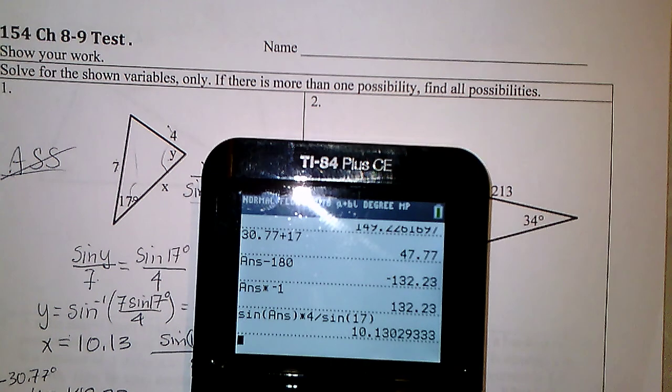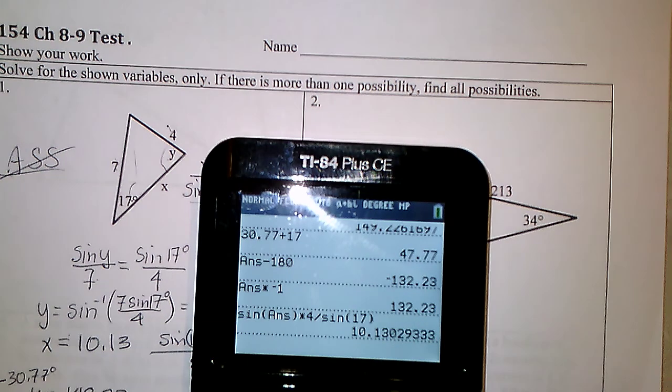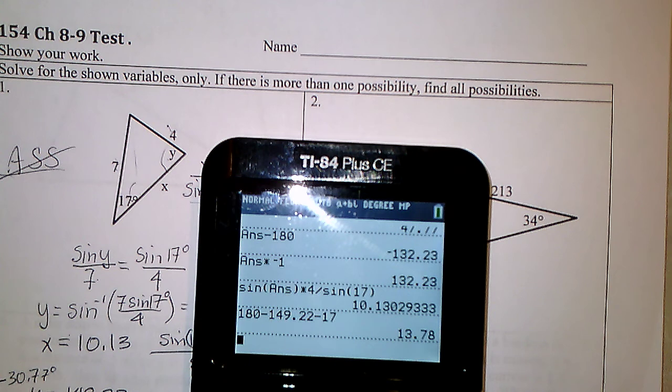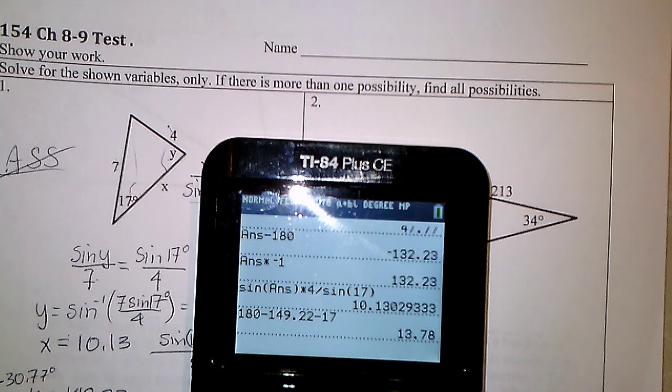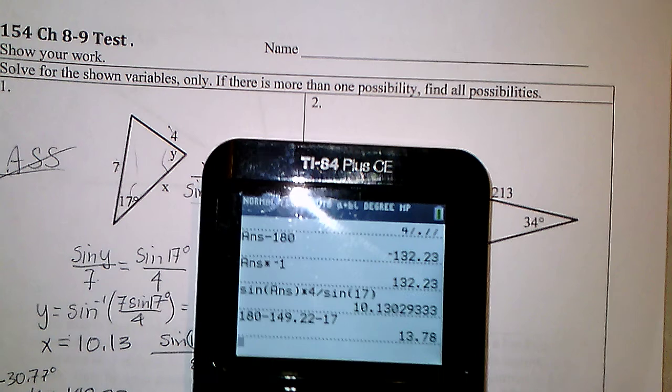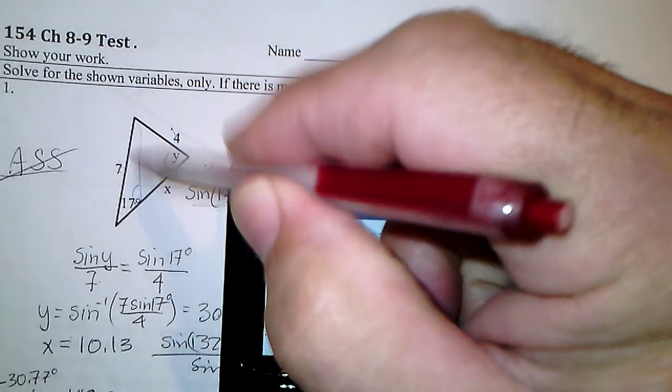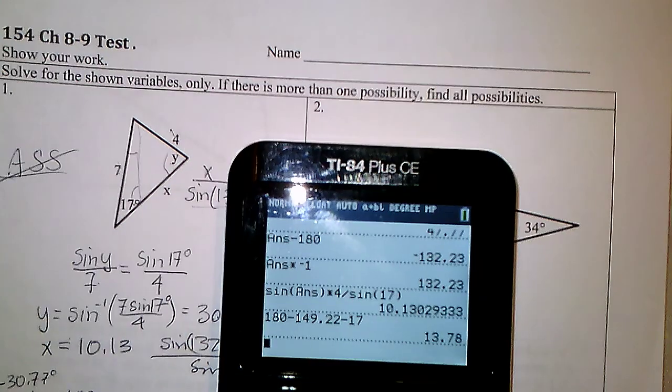So if we had 17 and 149, it'd be 180 minus the 149.22 and minus the 17 for the other angle, 13.7. That's when it's in here. This would be just 13.7.